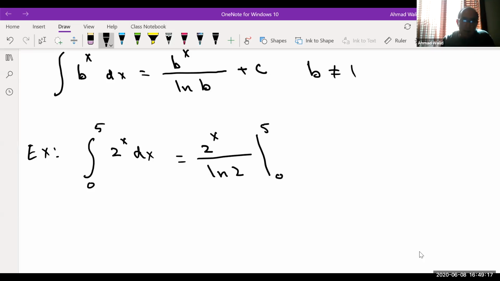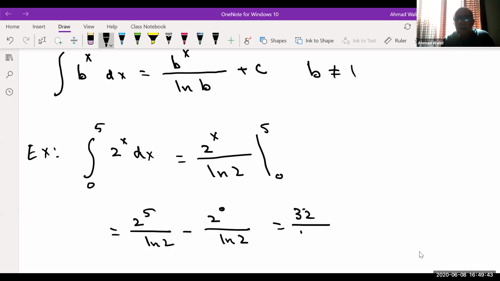Let's plug in the upper limit and lower limit. Then this equals 2 to the power of 5 over ln 2 minus 2 to the power of 0 over ln 2. 2 to the power of 0 gives you 1, and 2 to the power of 5 is 32.